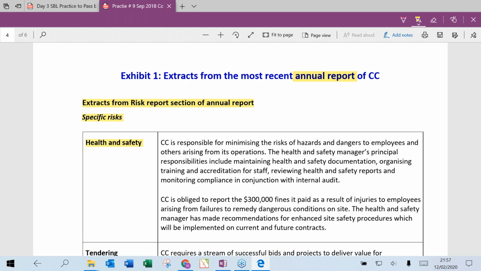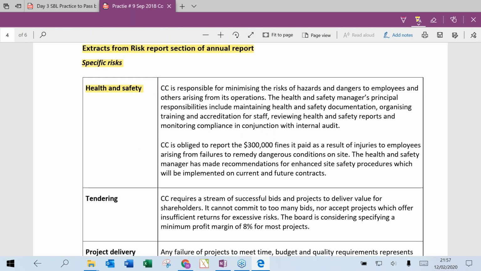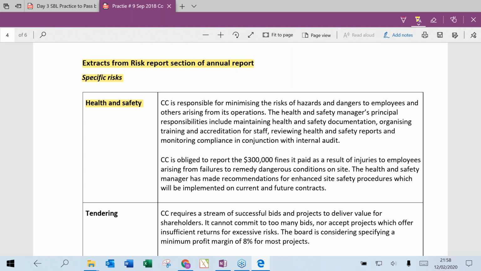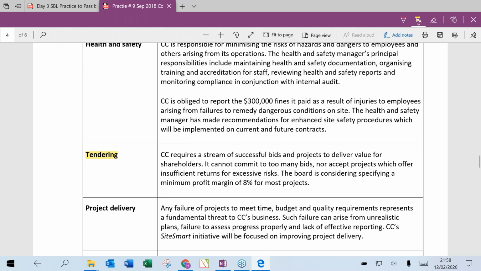I'm not going to read in detail, but health and safety is one of the biggest risks which CC thinks they face, and I agree with them because in a road construction business, one of the main risks is injuries. So health and safety of our employees and of the surrounding people, the stakeholders, is very important. Tendering is a risk which the company feels. What is tendering risk?